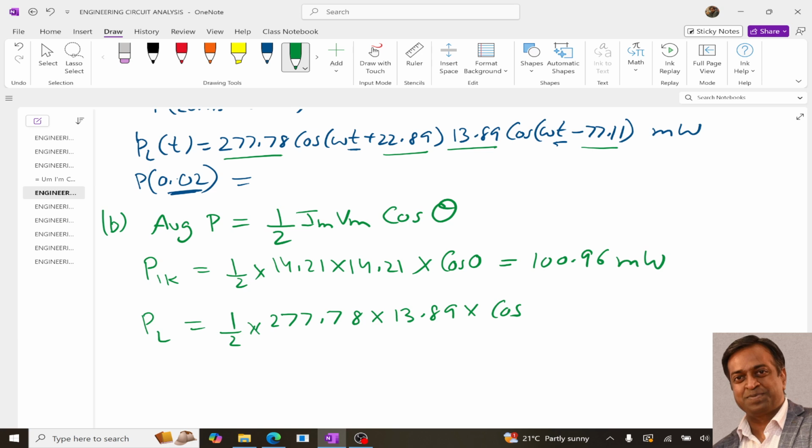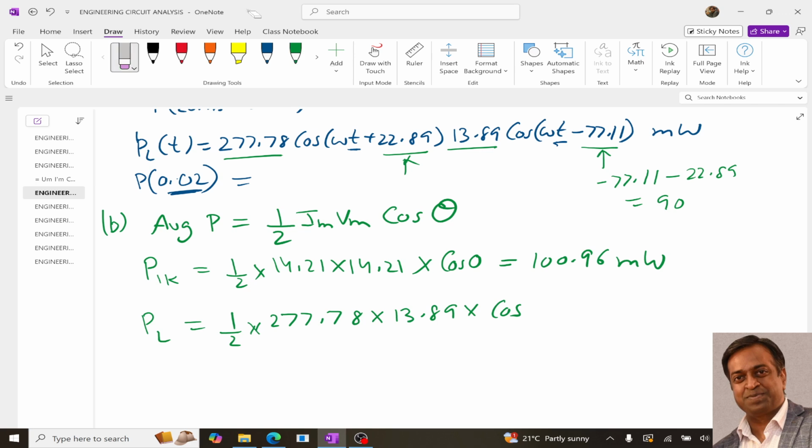Since this is the voltage angle, it will be minus 77.11 minus, and this is the current angle, so minus 22.89, so we will get it as 90. Let me also try with the calculator.